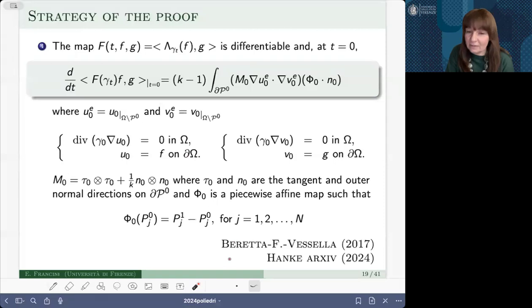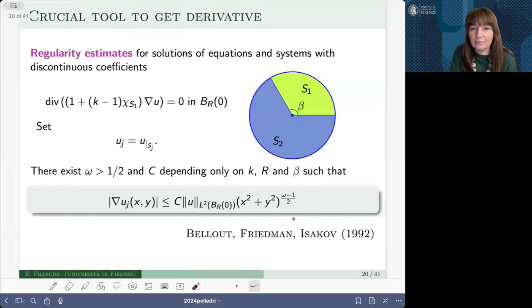But in this couple of papers that recently appeared on arXiv, it was extended to the interior part of the domain, in this paper by Hanke. This formula was obtained thanks to a careful analysis of how the gradient of this kind of solution behaves when the interface hits a vertex.